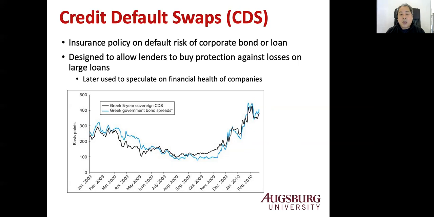So when the spread is high, the situation is worse. You have a high possibility of default, then the CDS premium increases. Okay. So the credit default swap premium is another signaling measure of the economic situation.